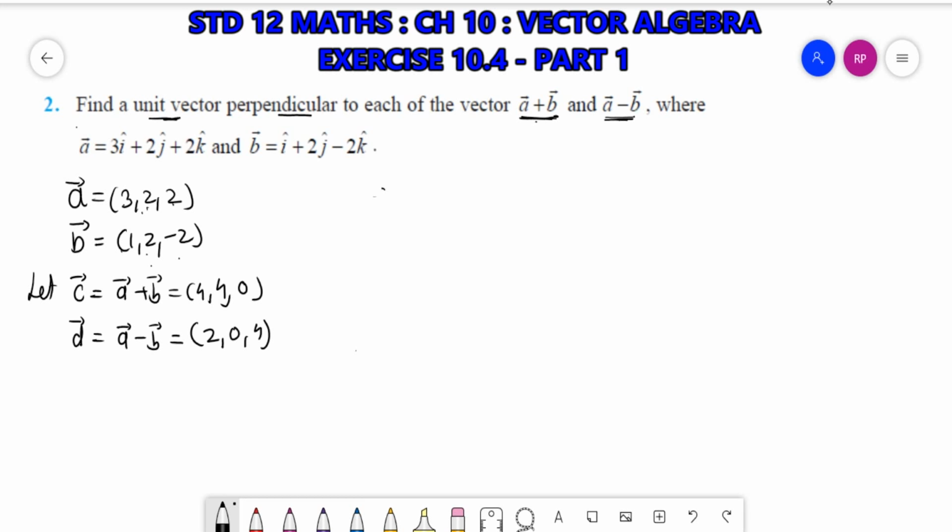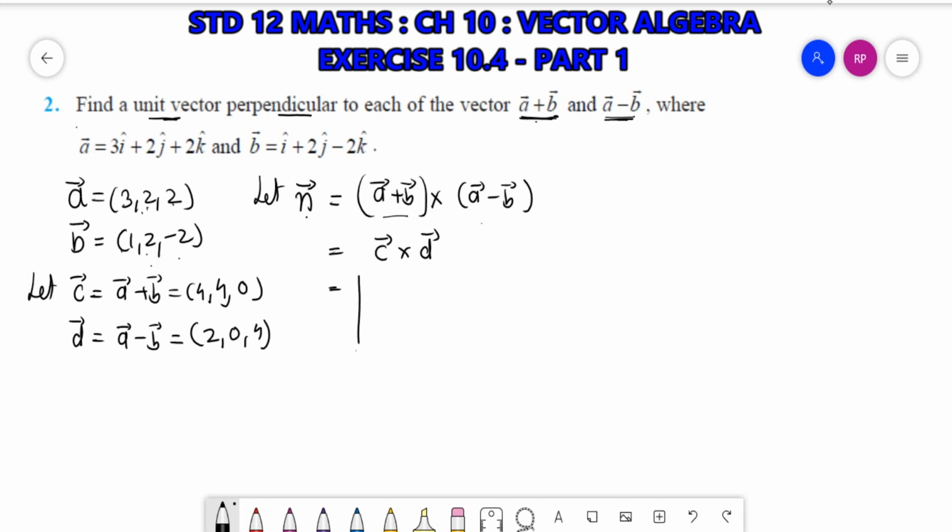To find a plus b cross a minus b. Let the vector n be equal to a plus b cross a minus b. So this vector will be perpendicular to a plus b and also perpendicular to a minus b. So this is equal to c cross d.